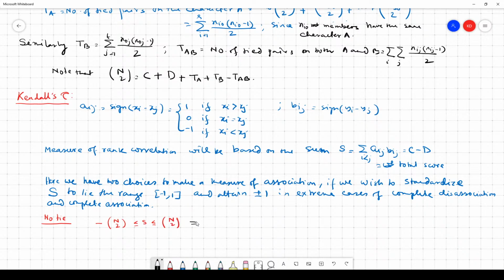Then Kendall tau A is equal to S by N choose 2, which is a coefficient of association.